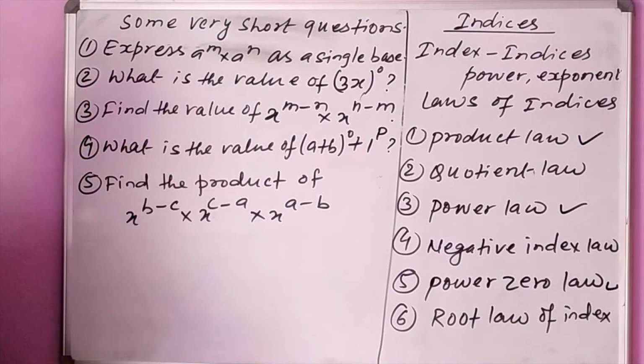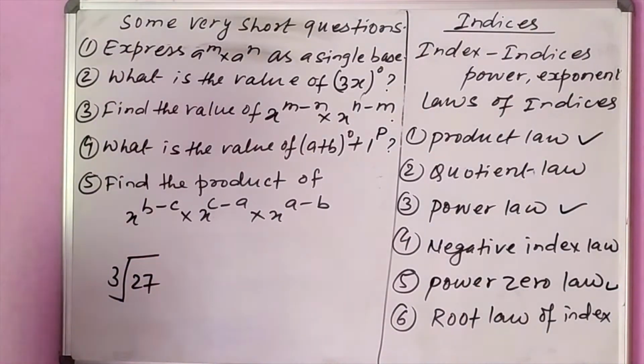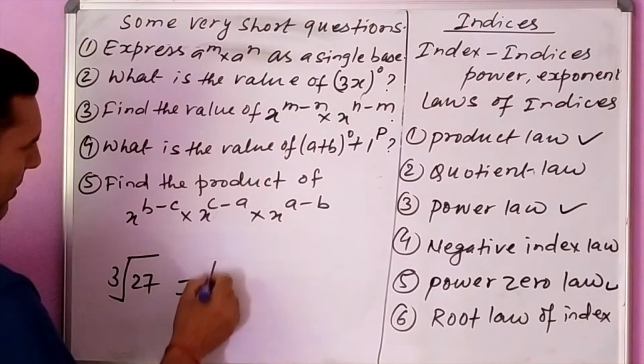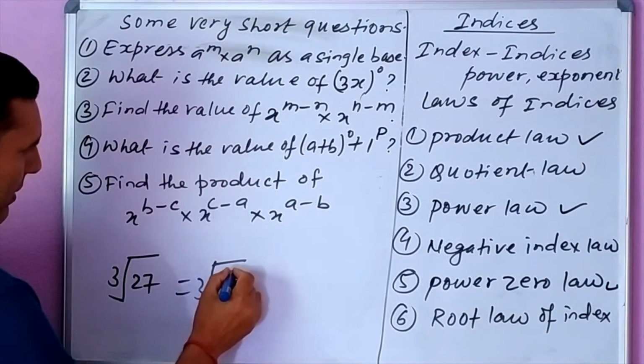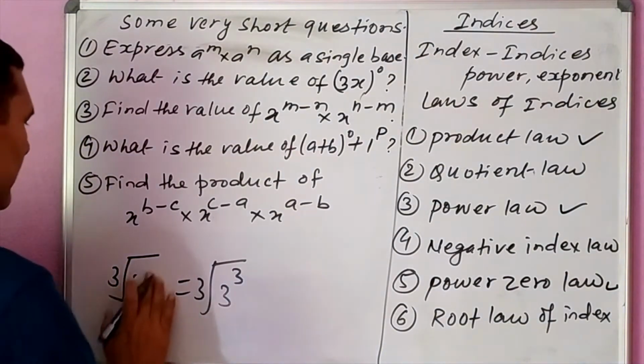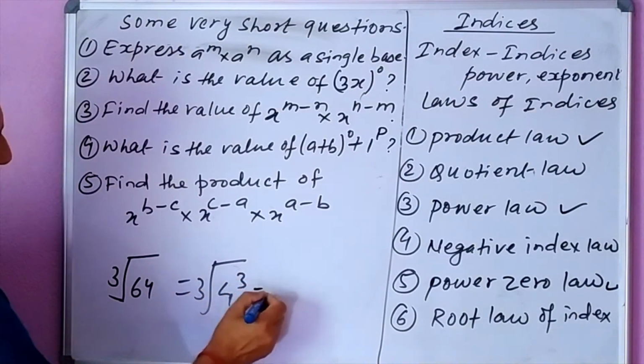I give you one example. If we have the cube root of 27, look now. What is its value? Cube root of 27 is 3. Let's say it is the cube root of 64. 64 is 4 cube.